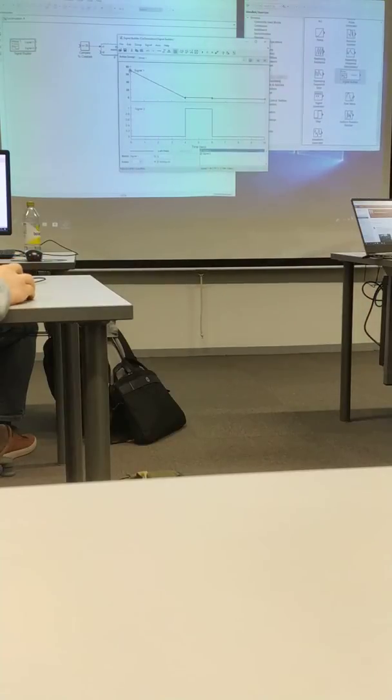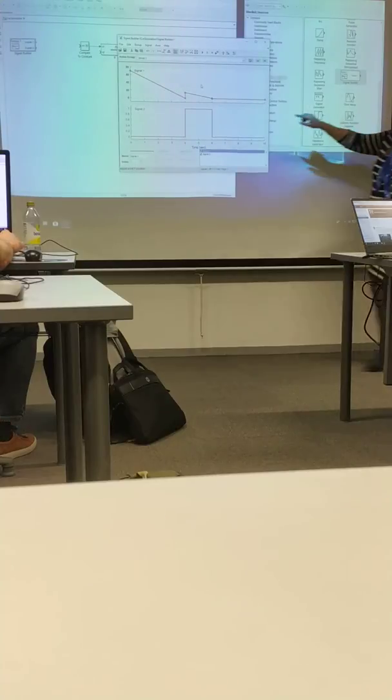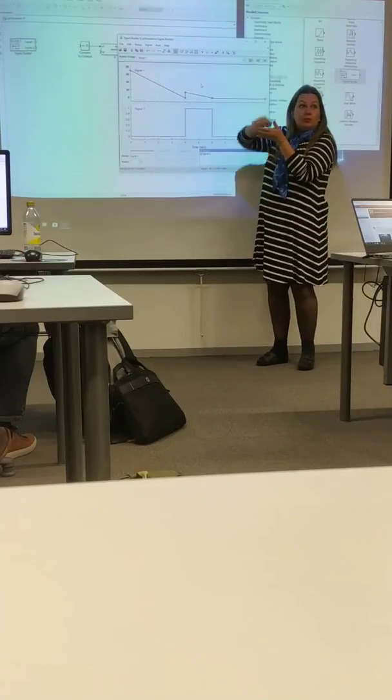For example, we will say that at 4 seconds, the speed will drop down to 60, and we need to click here and try to drag it up a little bit so you get it to move.